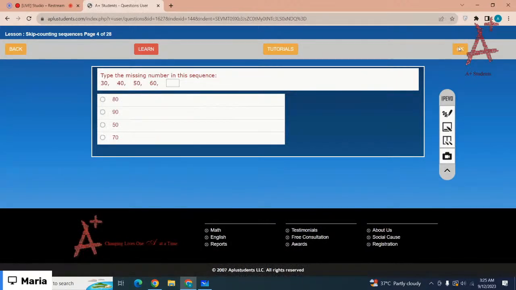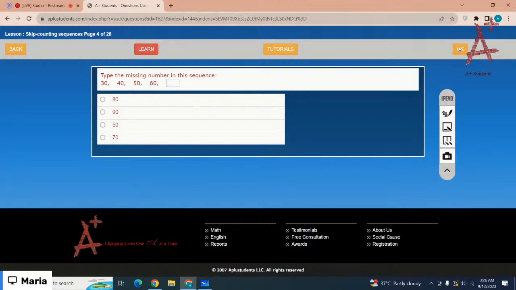Type the missing number in the sequence. So which number is missing? Yes, the missing number is 70.